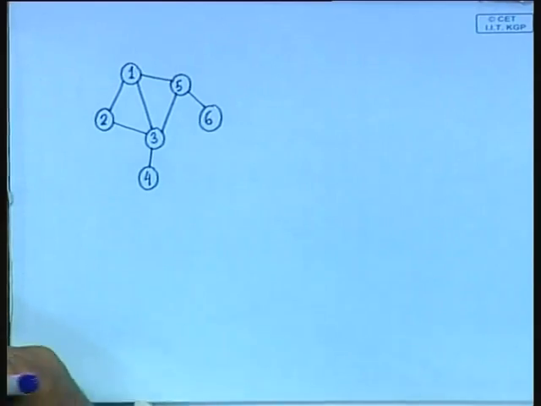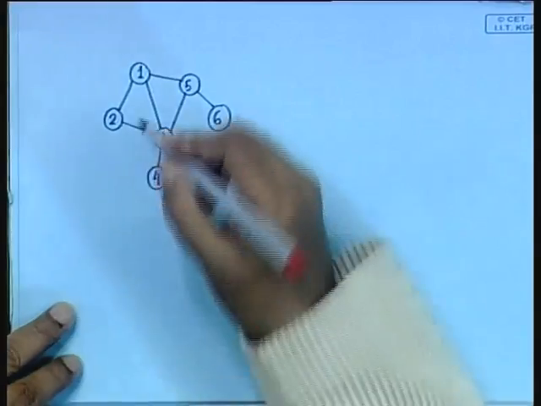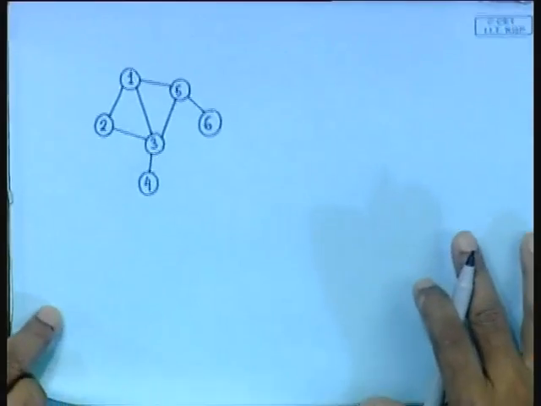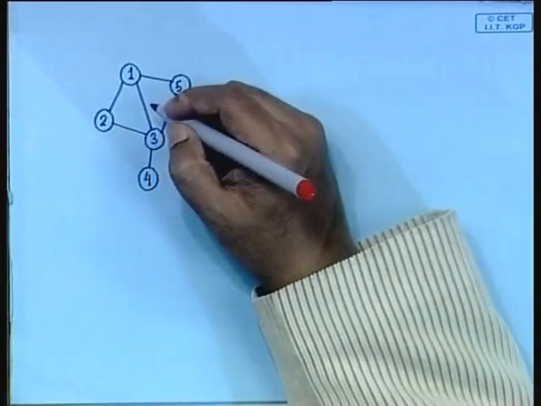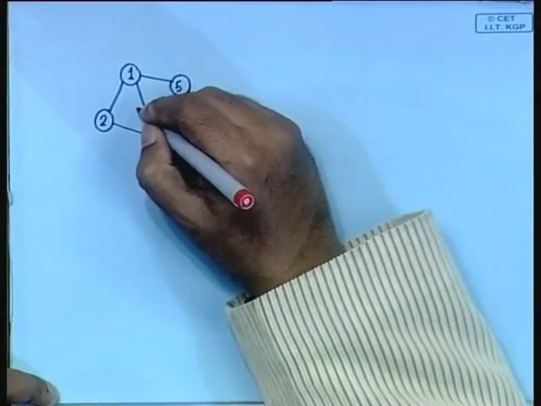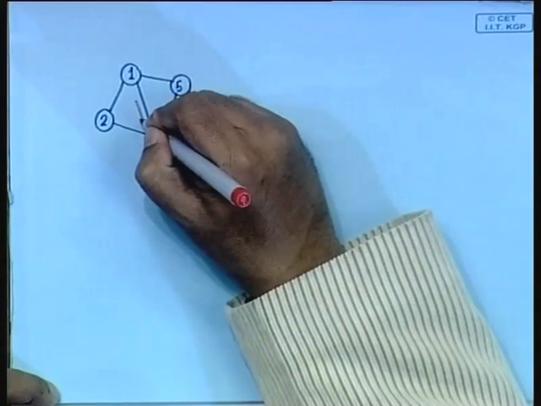So, what will node 1 do first? It will send a token to one of its neighbors, right.